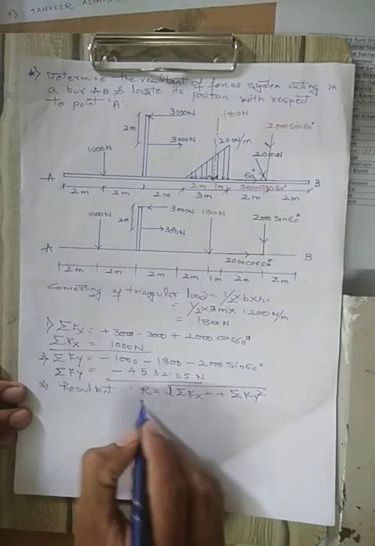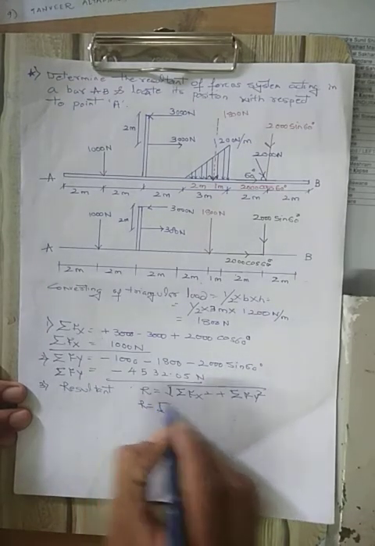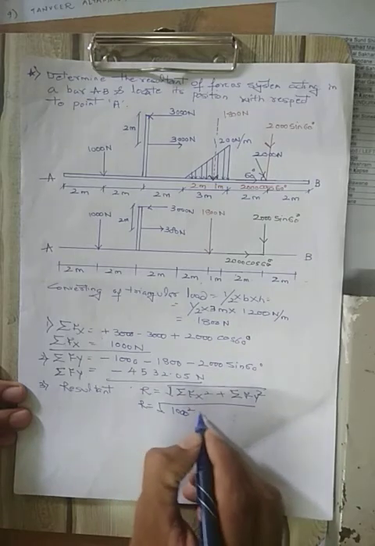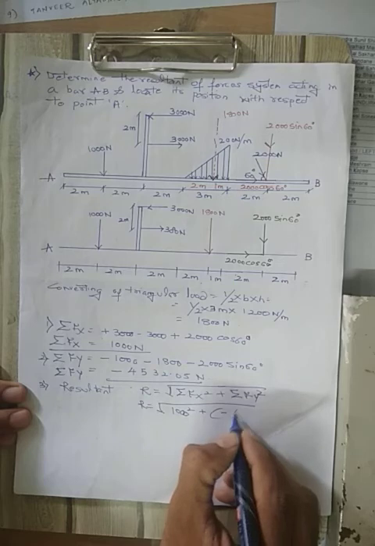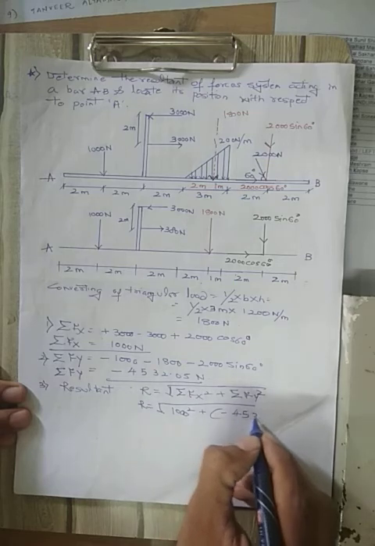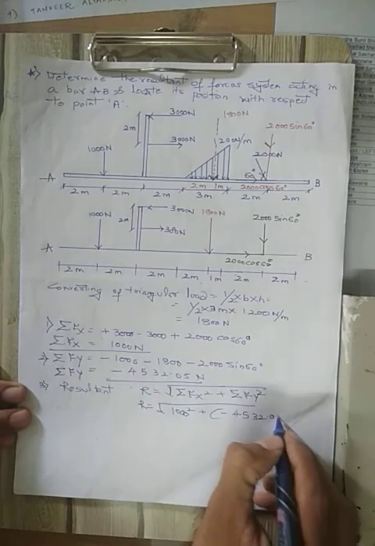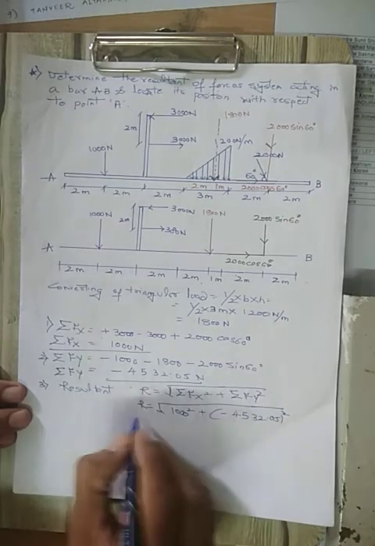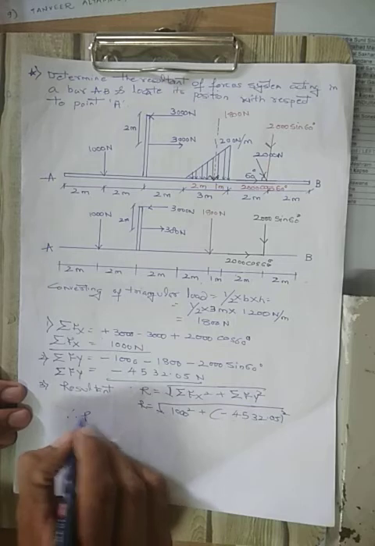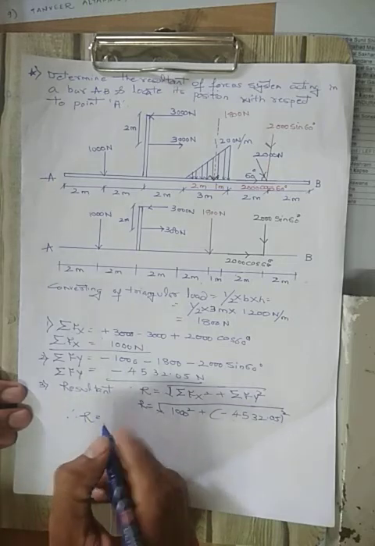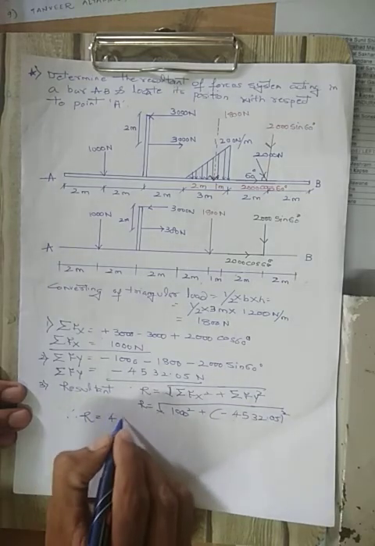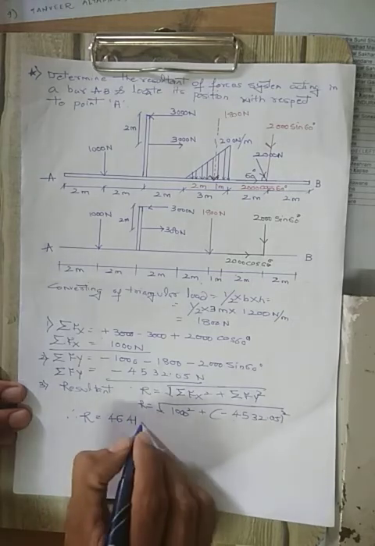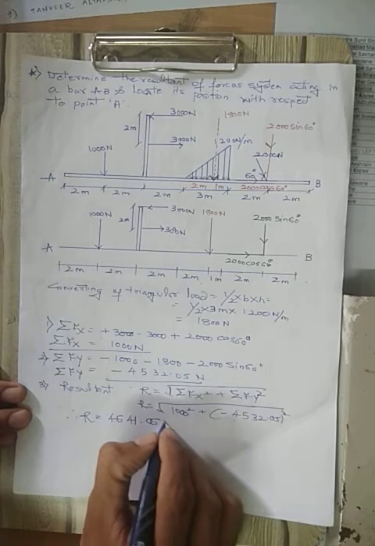So R is equal to Fx is 1000 square, plus minus 4532.05 square. Minus square is positive, therefore R is equal to 4641.06 newtons.